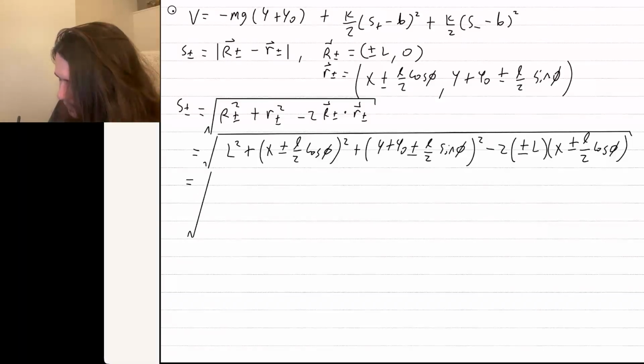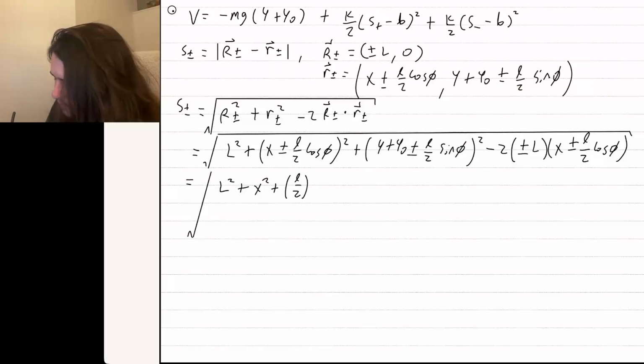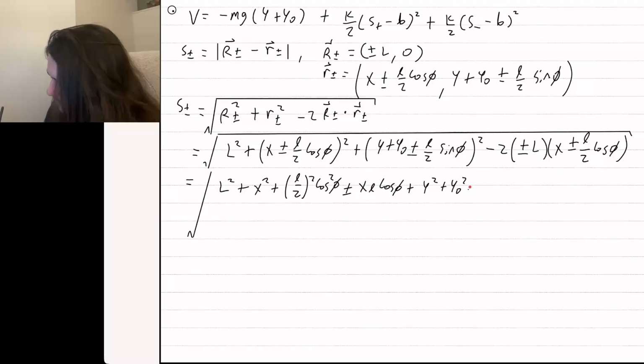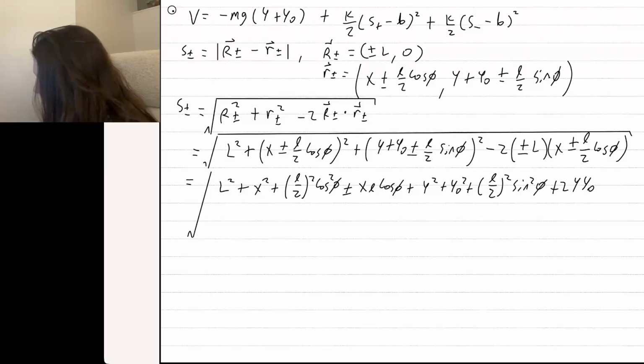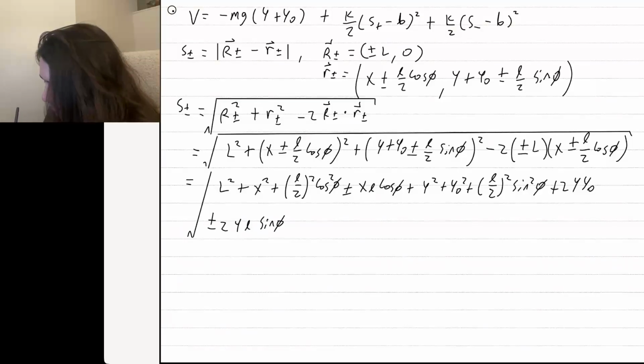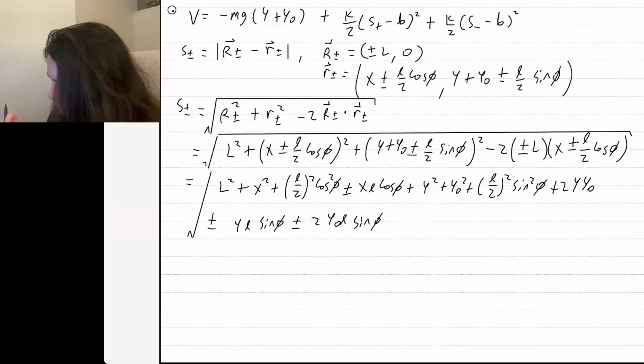We're going to have L squared plus x squared plus L over 2 squared cosine squared phi plus or minus xl cosine phi plus y squared plus y naught squared plus L over 2 squared sine squared phi, and then all of the y cross terms, so there's plus 2y y naught, and then plus or minus 2yl sine phi plus or minus 2y naught l sine phi, and then actually neither of these two should be there.